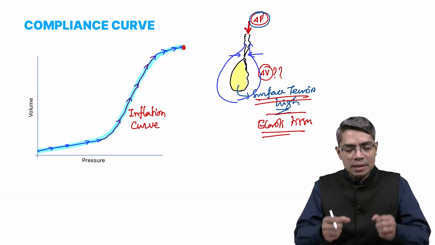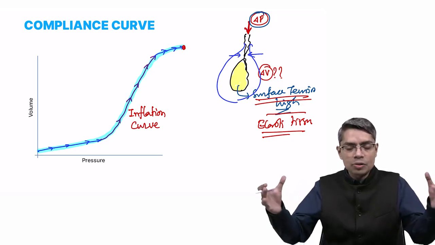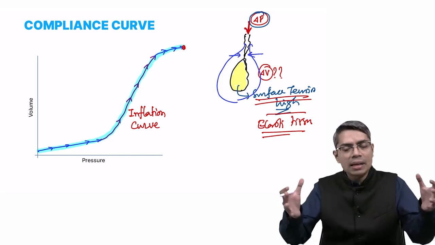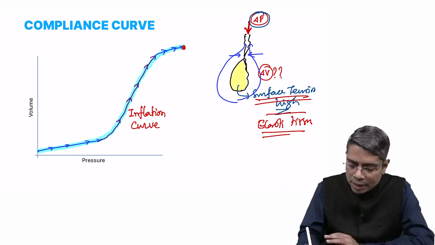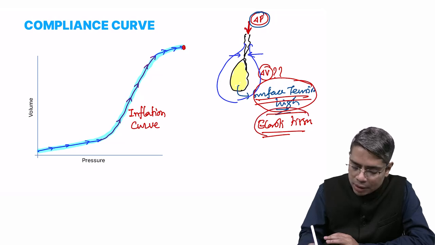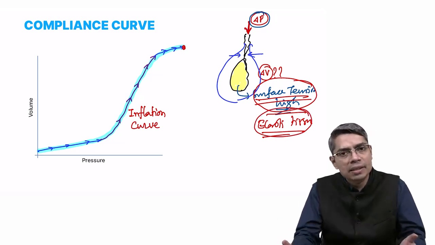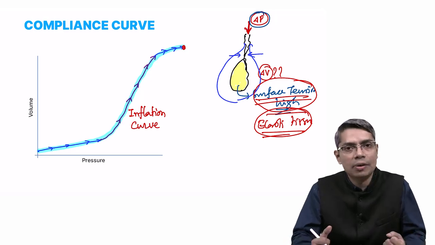Now after expansion, if you release this lung, the lung is going to collapse. Whenever the lung is collapsing, what will happen to these opposing forces? Will they still oppose, or will they enhance the recoiling? Getting my point?